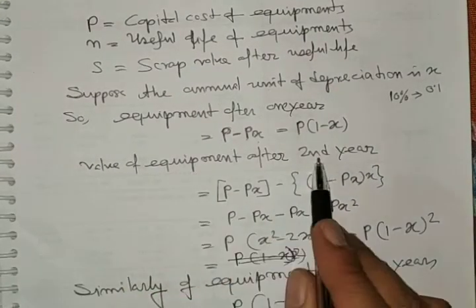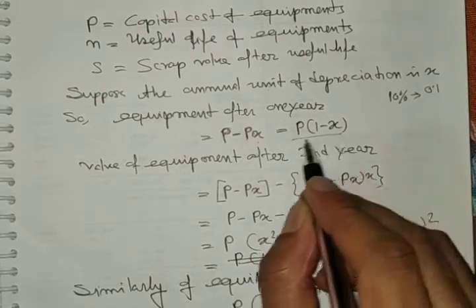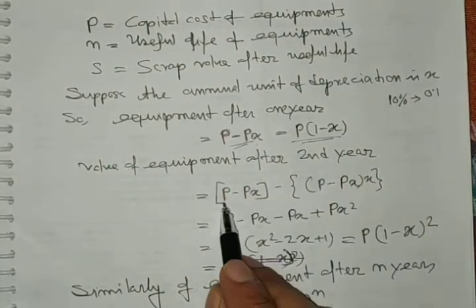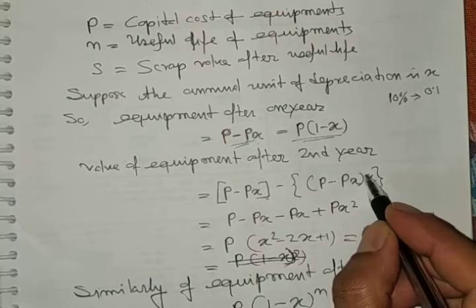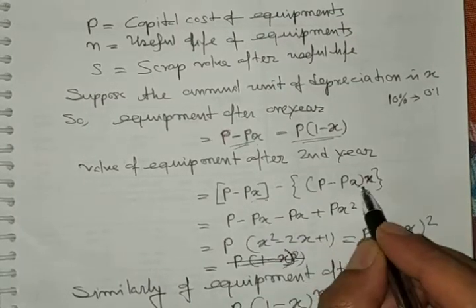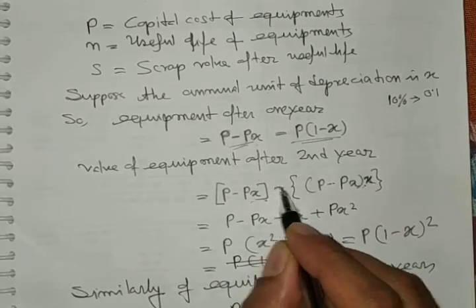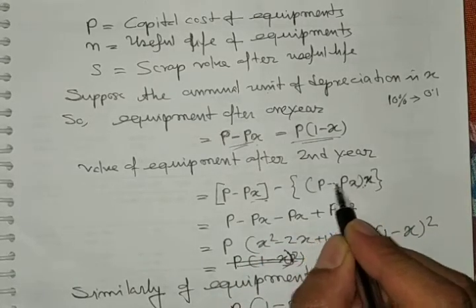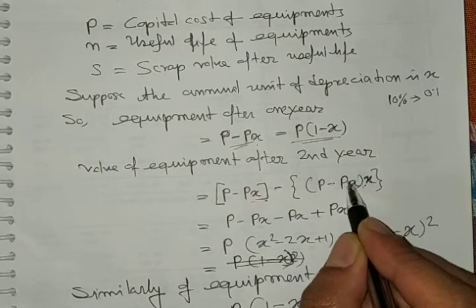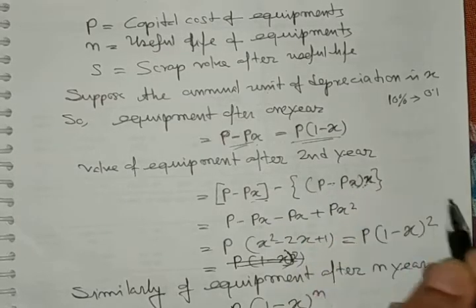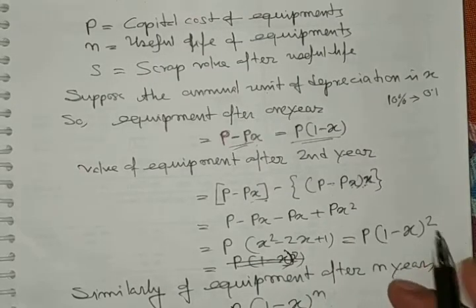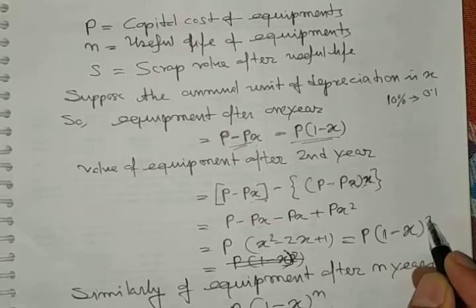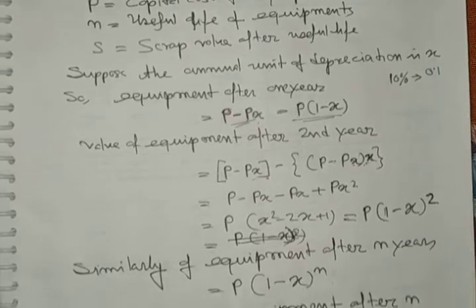Similarly, for the equipment after the second year, this is your new value after the first year, and the depreciation rate is X, so new value into X is subtracted from the new value, giving P(1 minus X) minus P(1 minus X) into X. After simplification, you will get P into (1 minus X) whole squared.